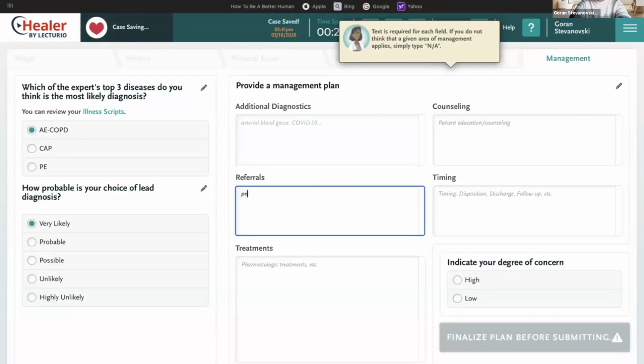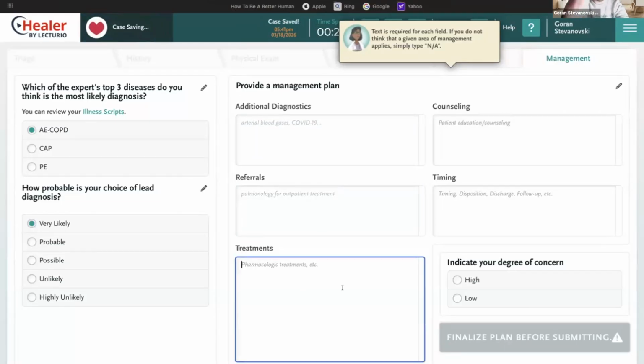In the referrals, let's say we'll refer them to pulmonology for outpatient treatment, for example. In treatments, we could add, I don't know, glucocorticoids. We can add ibuprofen. We can add IV fluids.